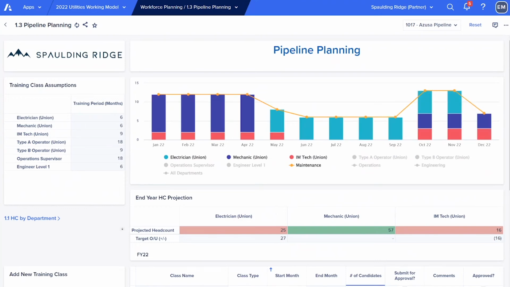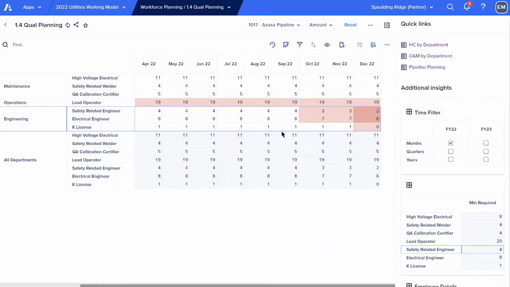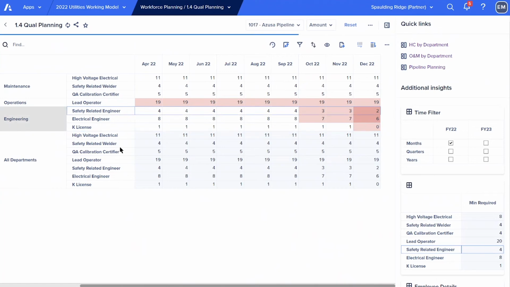And finally, the last piece I want to talk through about the strategic part of this workforce planning application is qualifications. A lot of these companies that are built around very specific skill sets have very specific qualifications that they plan around. So one I want to call out here to show how this works would be in our engineering group, specifically the safety related engineering qualification.